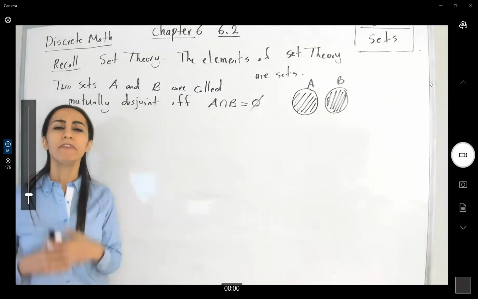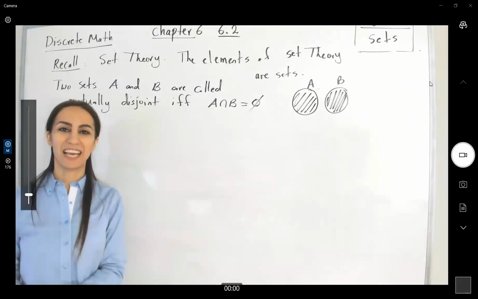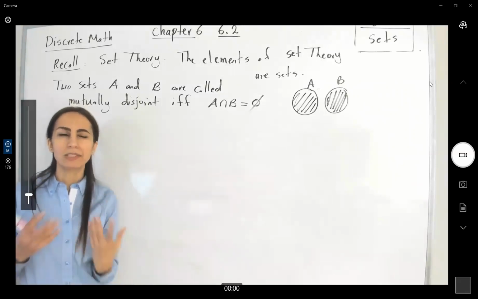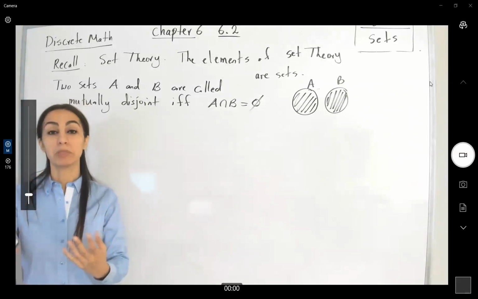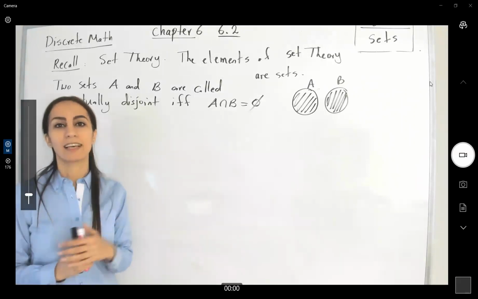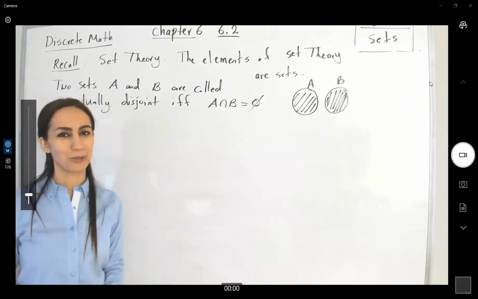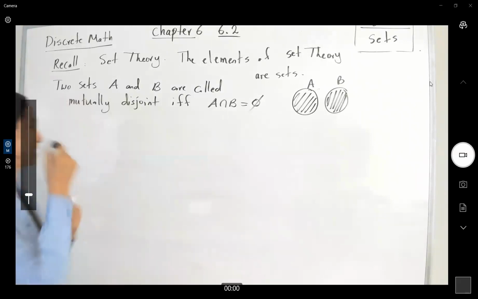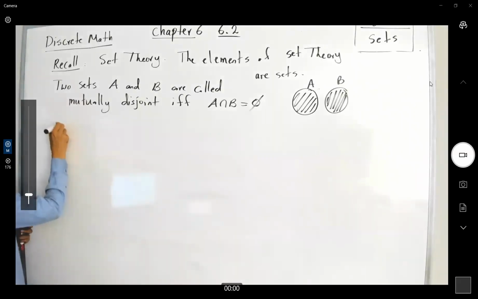Very well. If we have a collection of sets, instead of just listing them as A, B, C, D, we use indices to represent those sets. Definition.